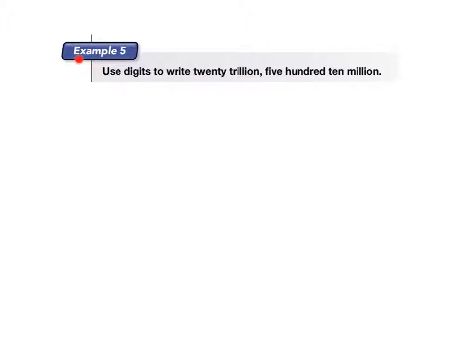Okay, let's go on. All right, now we want to use digits to write 20,510,000,000. This is example 5. So we're doing trillions. So if you're doing trillions, that means we should probably go ahead and put in little lines for our numbers. So that's your hundreds, comma, that's your thousands, comma, and then you have your millions, and then your billions are here, and then you have trillions. Well, it says 20 trillion.